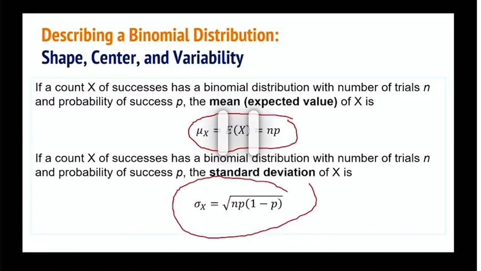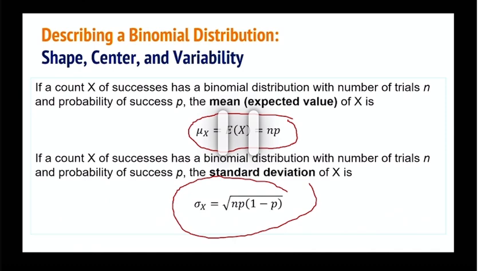That's what we mean by the expected value of S. Expected value of S means the average of the discrete random variable S, where S follows a binomial distribution. And that expectation is np, n being the number of trials multiplied by the probability of success. And the standard deviation is the square root of np times 1 minus p.